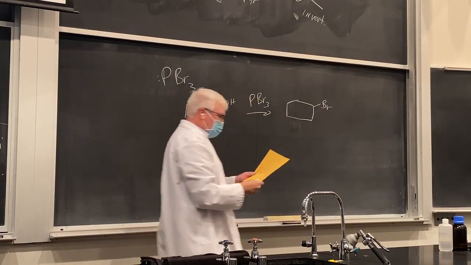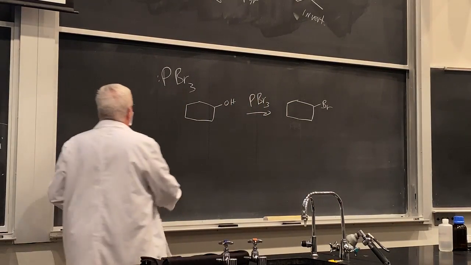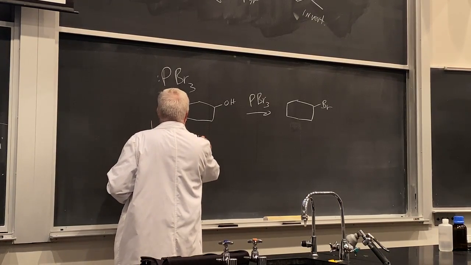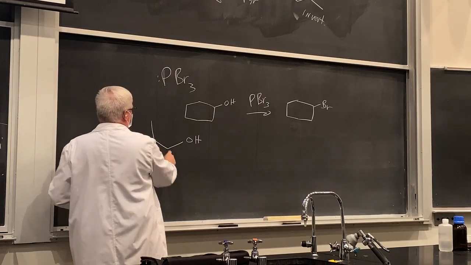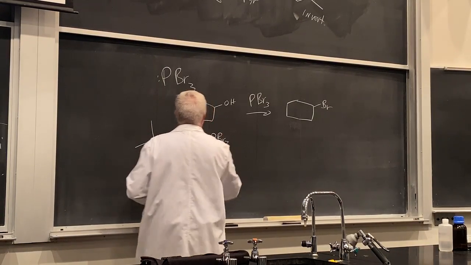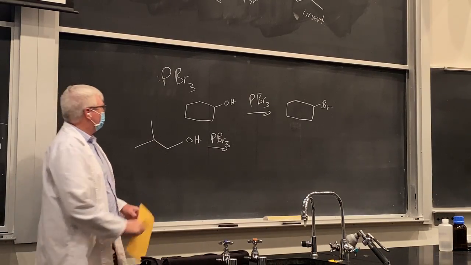And the other great thing about phosphorus tribromide is if you have branching next door, where you might expect a shift or something here, with HBr, we get a shift there because we're branched at the beta position.